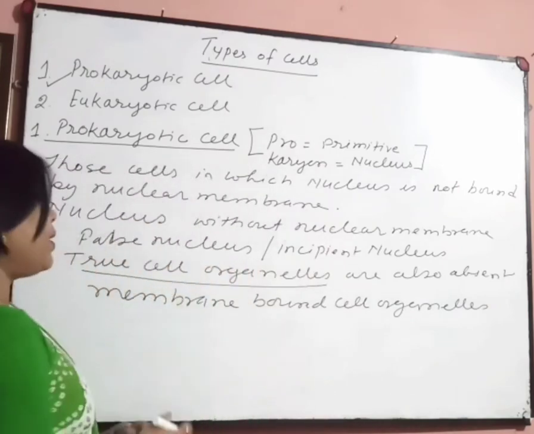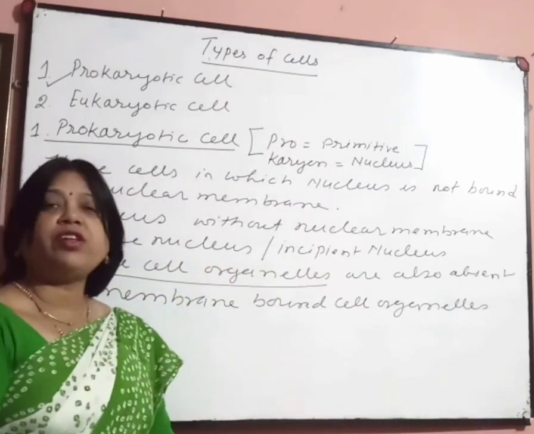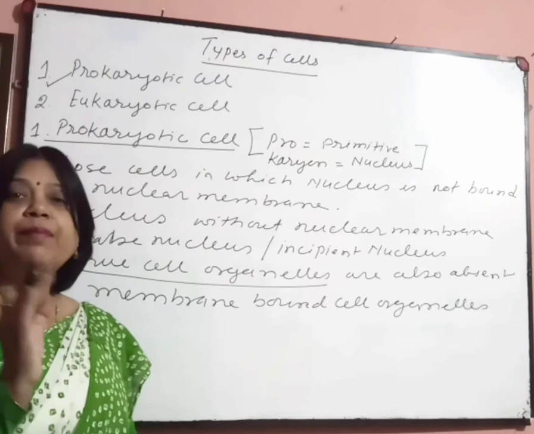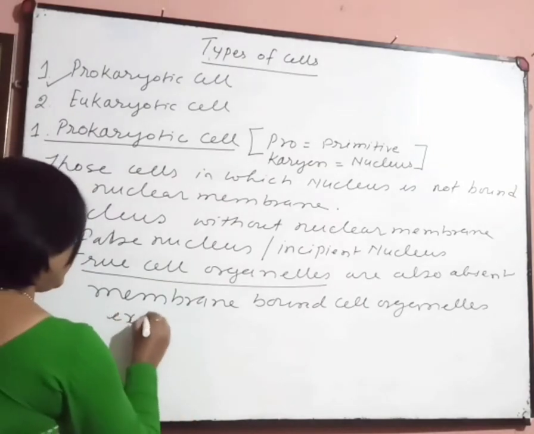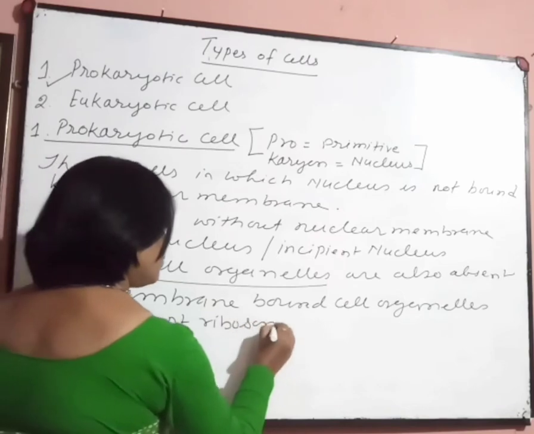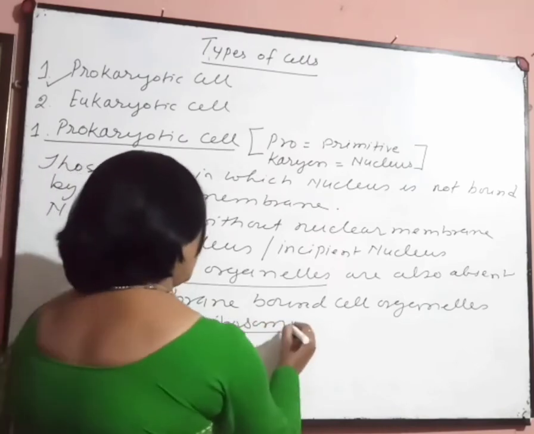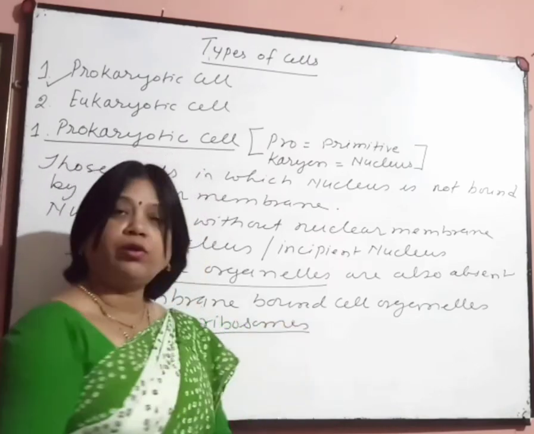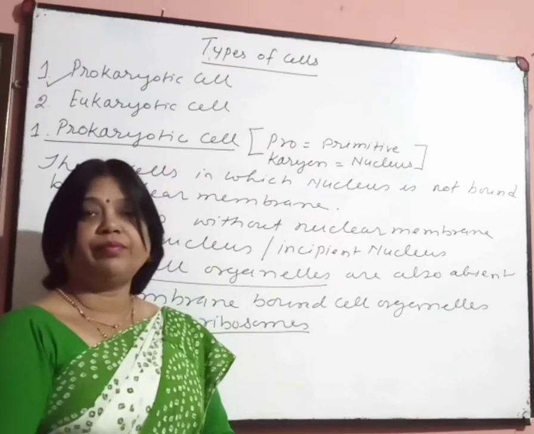So these membrane bound cell organelles are absent in the prokaryotic cell except ribosomes, because ribosomes are not bound by membrane.